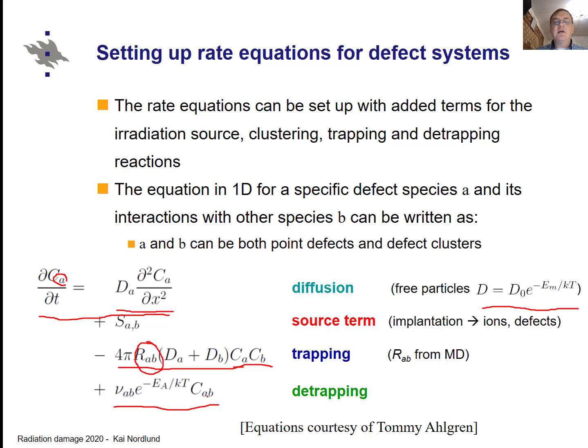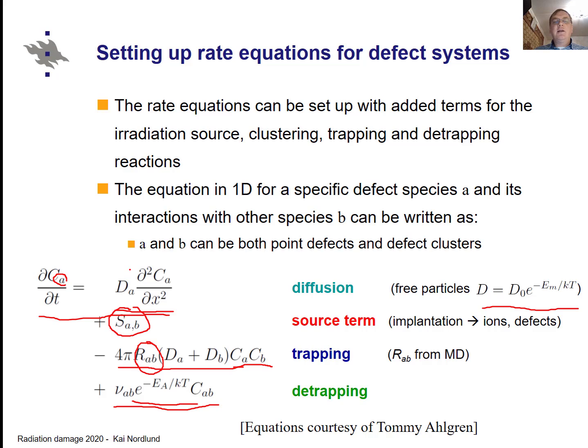So in this case, one has a species B which can detrap from A, and that has an Arrhenius factor of its own. And then, for practical purposes, it's very important to have a source term, which means that you can introduce new defects. This can be just a single term, but can also be a combination of many different terms.